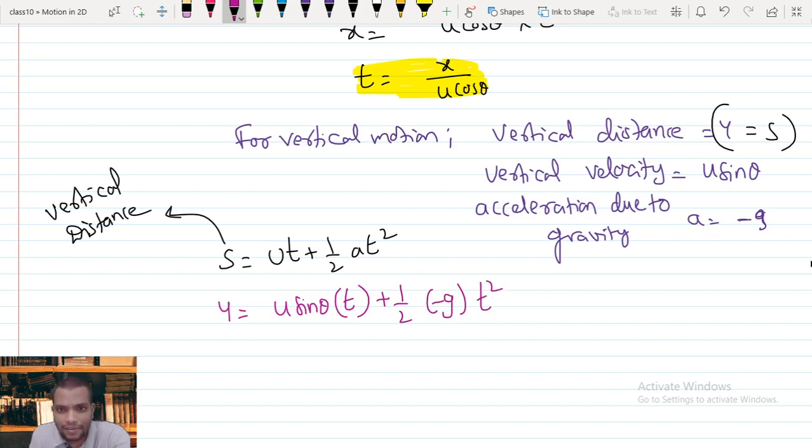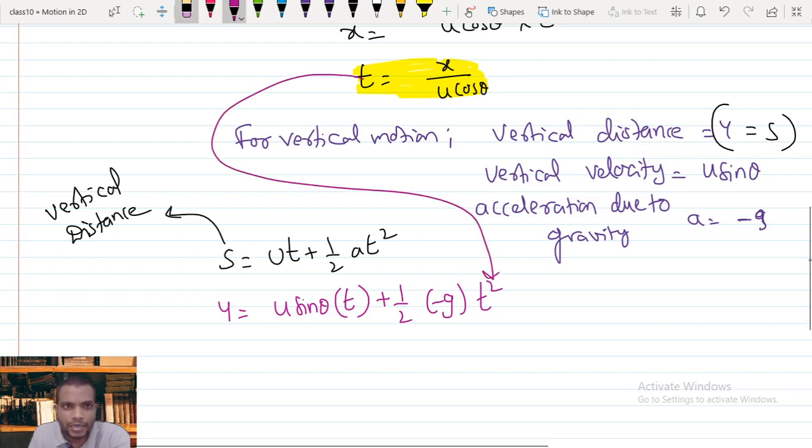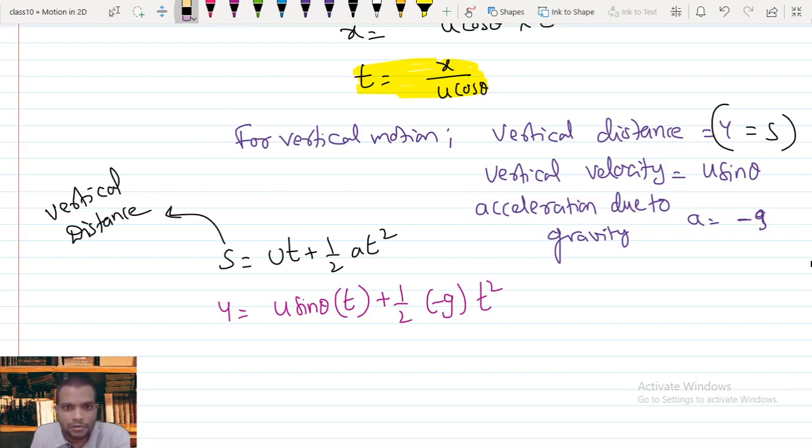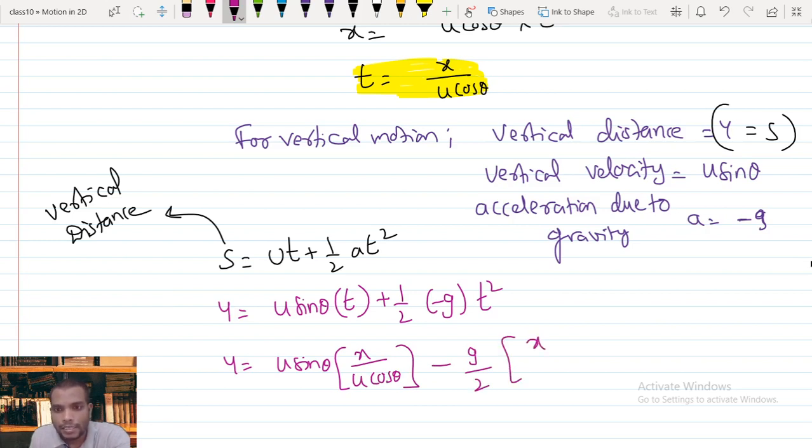Plugging in t equals x upon u cos theta, y equals u sin theta times x upon u cos theta, minus g by 2 times x by u cos theta whole square.